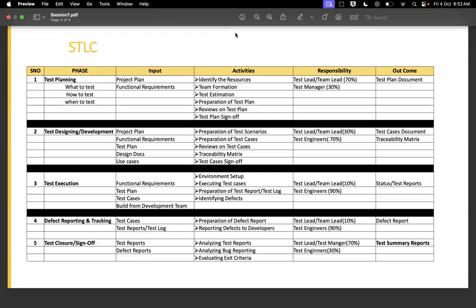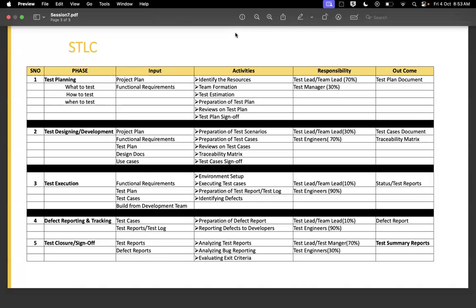In the test planning phase, we usually decide what to test, when to test, and how to test. And for a test planning phase, we'll require something called a project plan, guys. The project plan can be anything such as software requirement specification document, functional requirement specification document, test plan, or all the project plan.